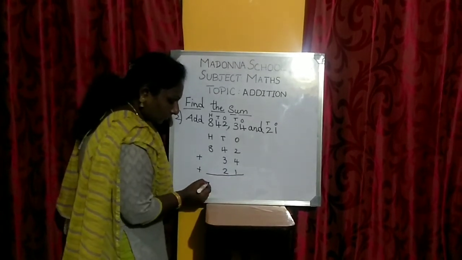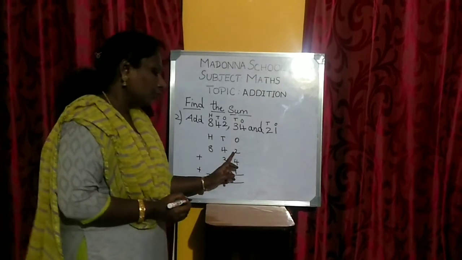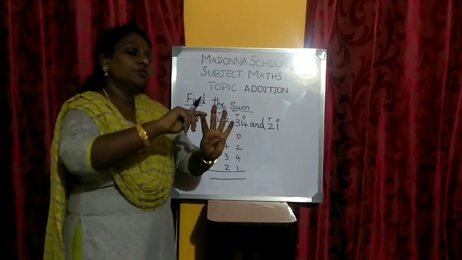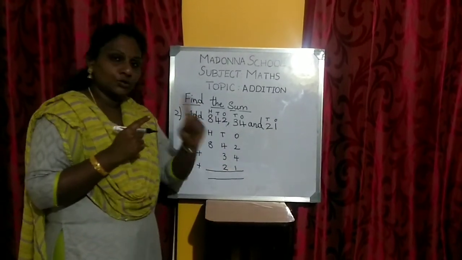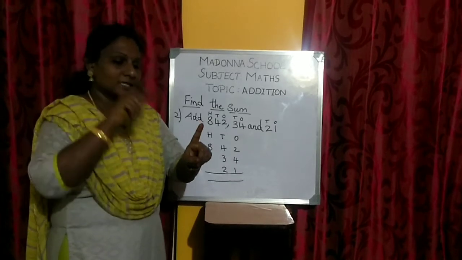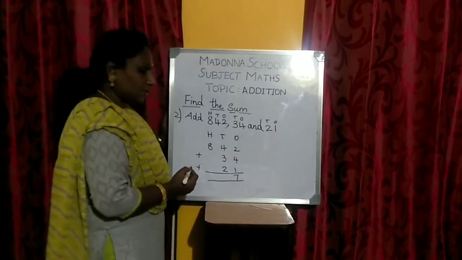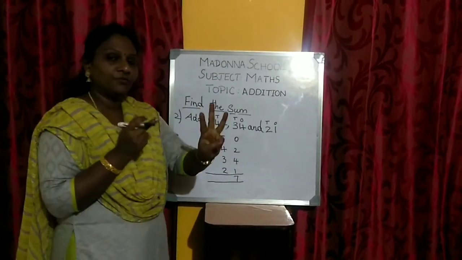Okay. Now we will add. So 2 in your mind, 4 show it in your finger. After 2, 3, 4, 5, 6. So 6 in your mind, 1 show it in your finger. After 6, it is 7. So 4 in your mind, 3 show it in your finger.